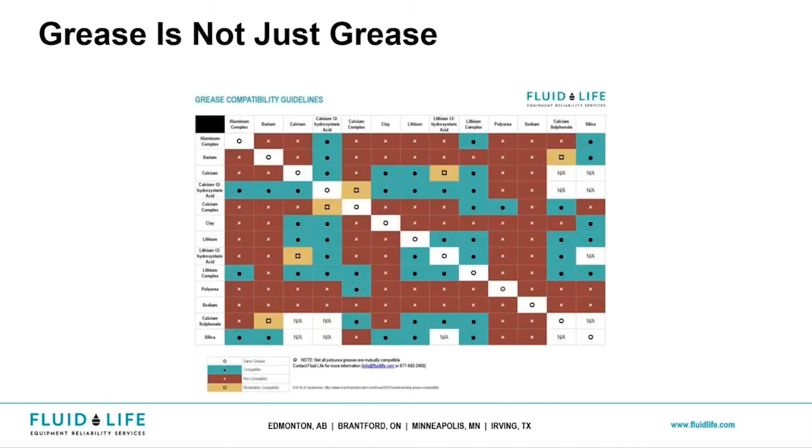Another thing to note is that, as I stated before, grease is not just grease. So here I have a grease compatibility guideline chart, and it's just showing you that these thickeners can be comprised of different components and different elements that make up their properties and what they're effective at.